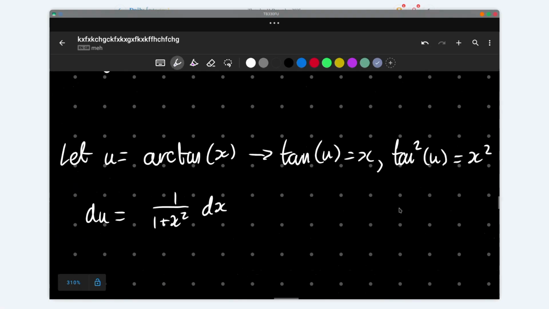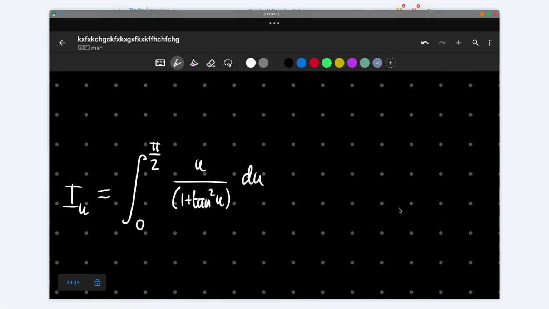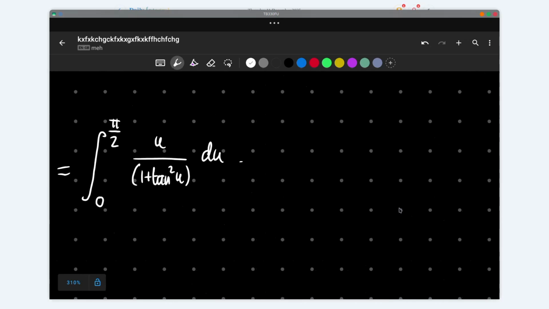Which is great. And the other one just becomes the dx. This is sec squared u, 1 over, which is just cos squared u.